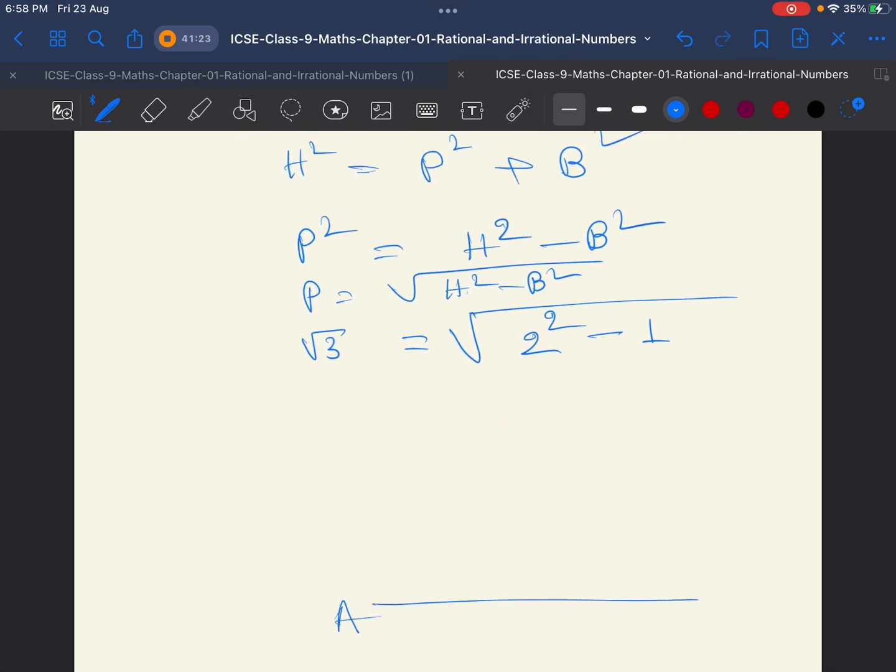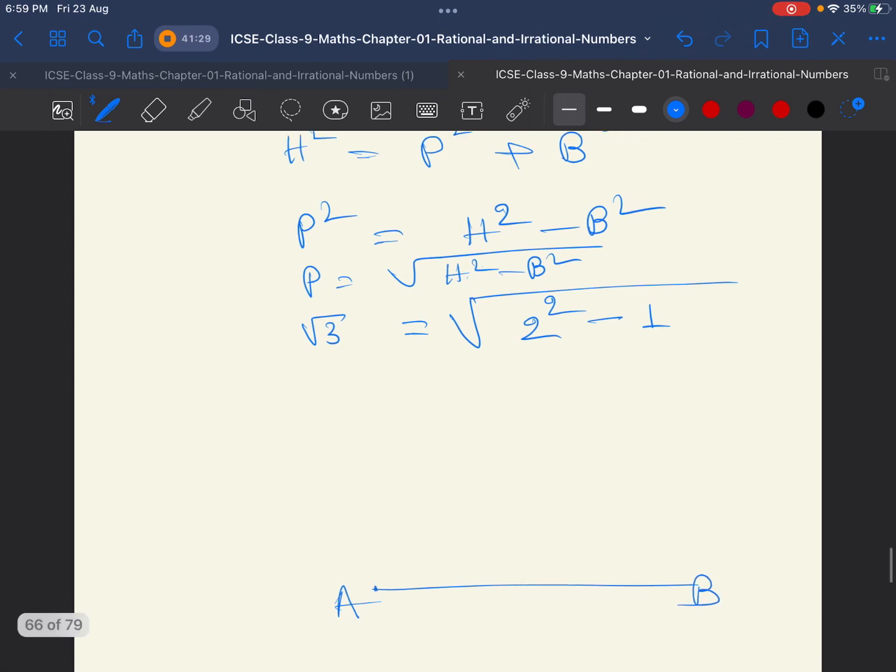Now we take a line segment AB. First you have to construct a 90-degree angle. So now we take this segment, and from here we cut this point. Then from here we cut this, and also this. Now we draw a line. This is a 90-degree angle.